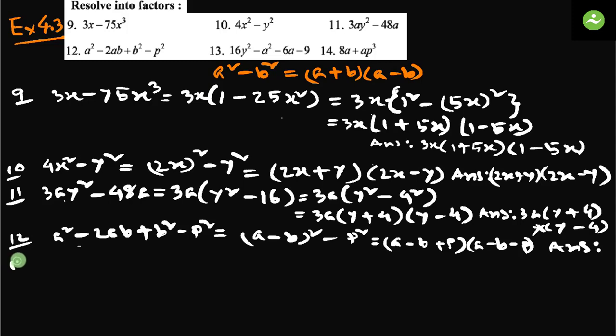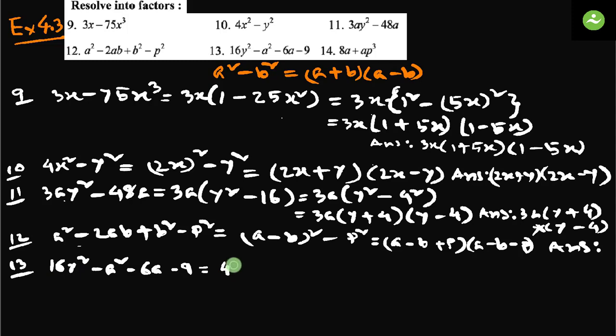Number 13. 16y square minus a square minus 6a minus 9. This is already in the form, since 16y square means 4y whole square.